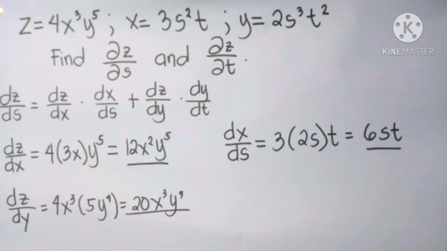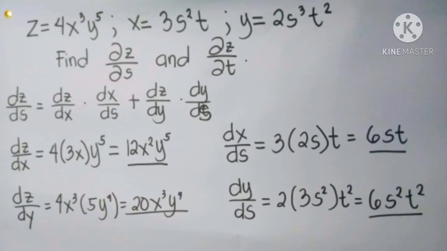Then dz over dy equals 4x cubed times 5y raised to the power of 4, so the answer is 20x cubed y raised to the power of 4. The last one is the partial derivative of y with respect to s: dy over ds equals 2 times 3s squared t squared, which equals 6s squared t.